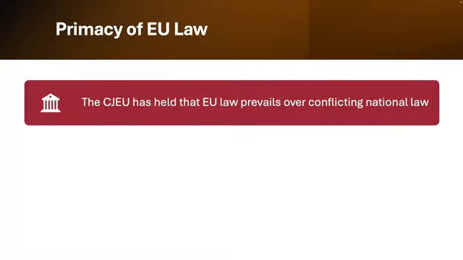So one element of EU law that is foundational, and had to be foundational in order for it to work as an institution, is that EU law has primacy over domestic law. The Court of Justice of the European Union has held on many occasions that EU law prevails over conflicting national law. So if you have an EU law and a national law, and the national law contradicts the EU law, it's the EU law that takes precedence.